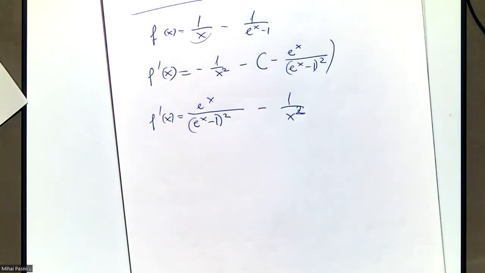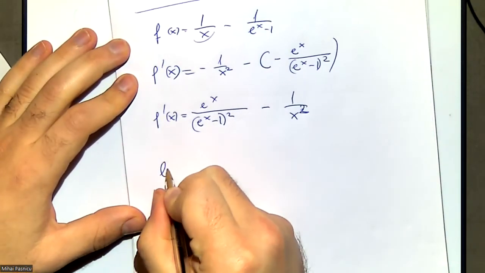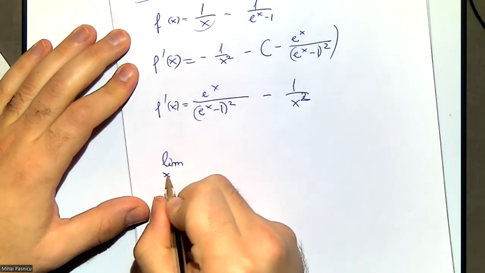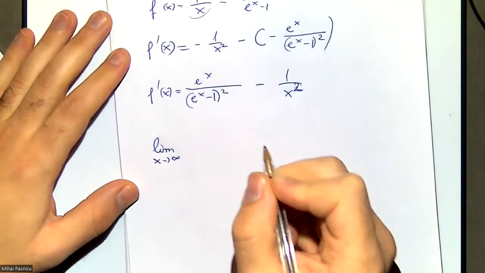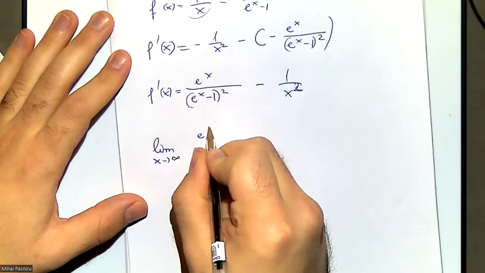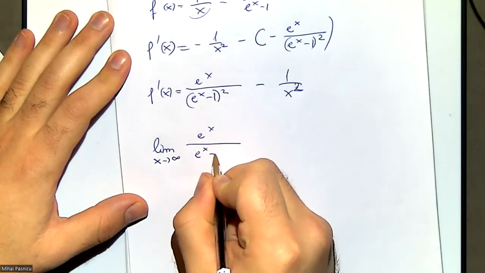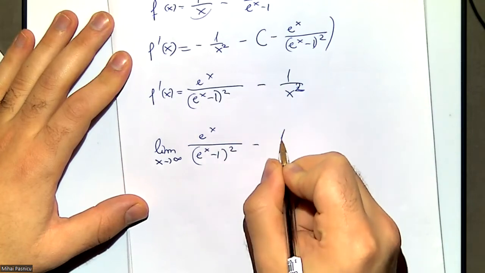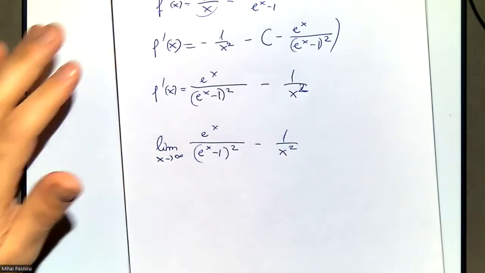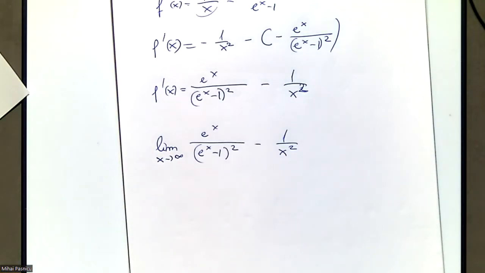It's not in the problem, but we can for sure evaluate this. The limit when x goes to infinity of e to the x over (e to the x minus 1) squared minus 1 over x squared. We're going to evaluate this for sure. Why?